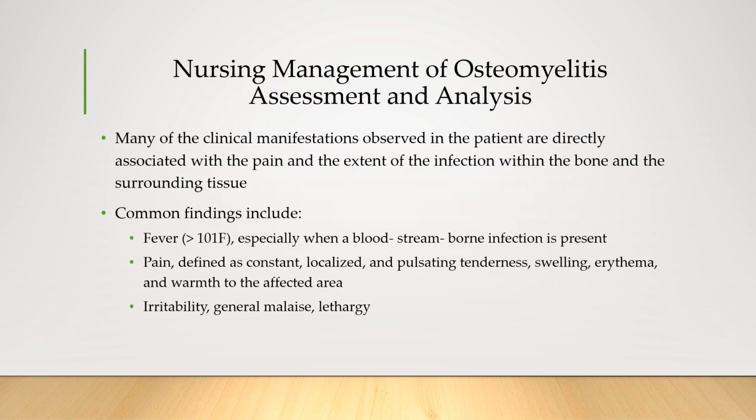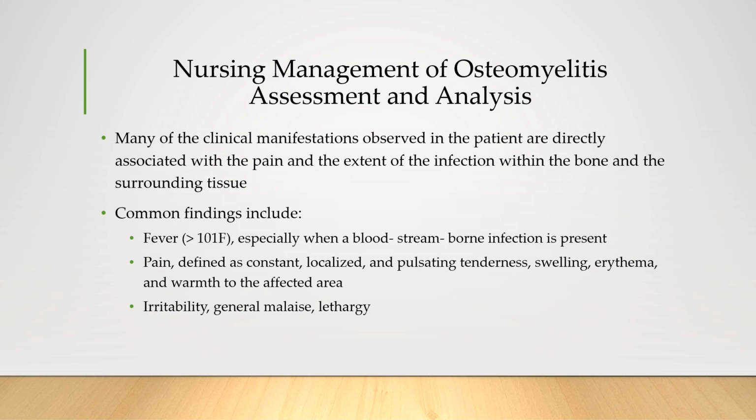So, nursing management of osteomyelitis. Many of the clinical manifestations observed in the patient are directly associated with the pain and the extent of the infection within the bone and the surrounding tissue. So, some common findings will include a fever greater than 101, especially when a bloodstream-borne infection is present.